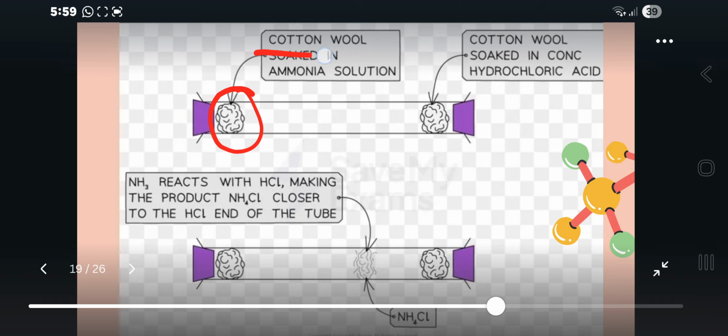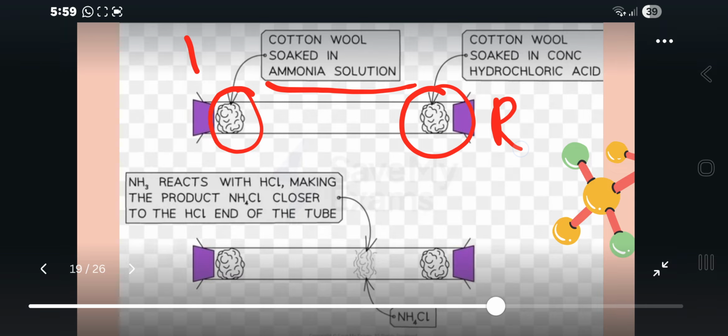This is cotton wool soaked in ammonia solution, on the left side. On the right side, this cotton wool is soaked in hydrochloric acid. First it is soaked in ammonia solution, next it is soaked in hydrochloric acid. Okay, now see over here.